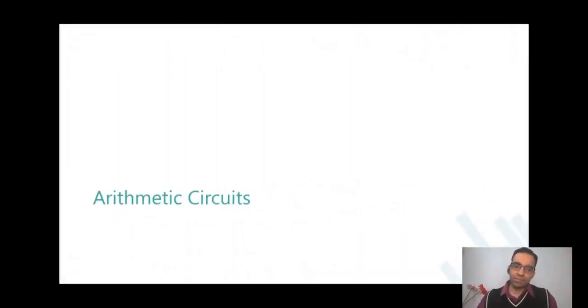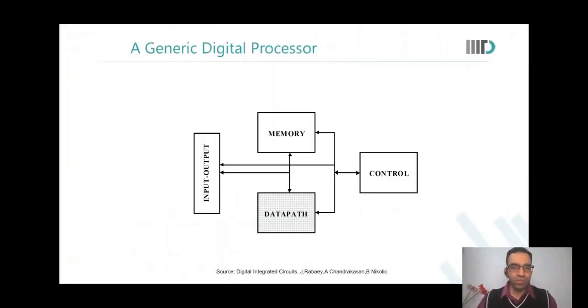Arithmetic circuits are very commonly used wherever you have a processor. For example, this is a typical, very top level view of a processor where you would have some data paths and a memory, inputs and outputs, and a control part.